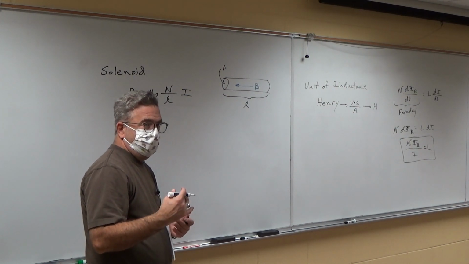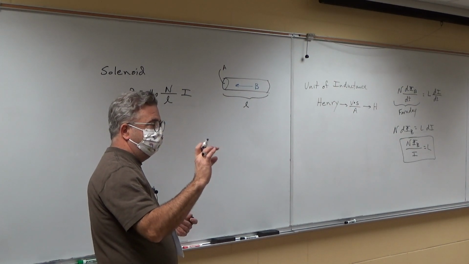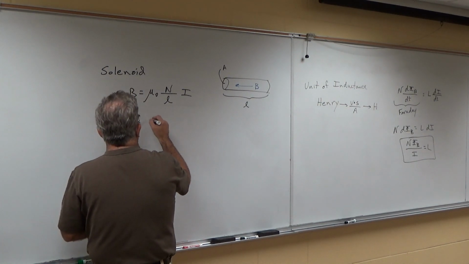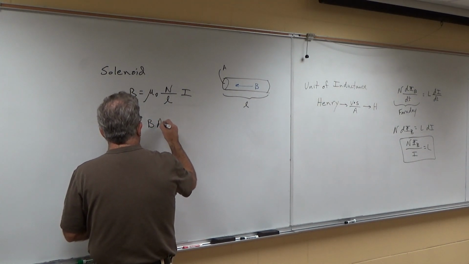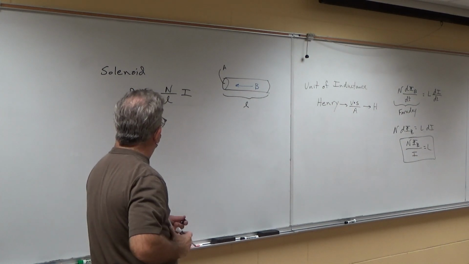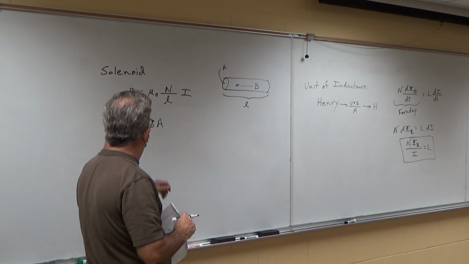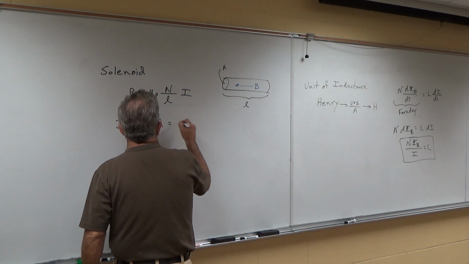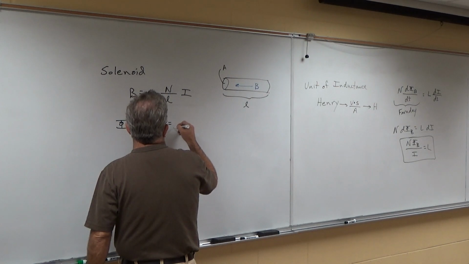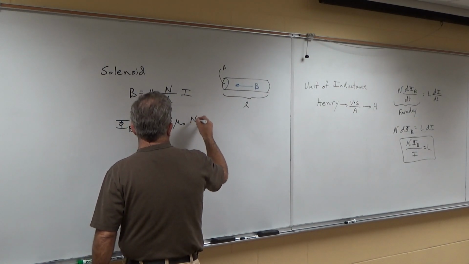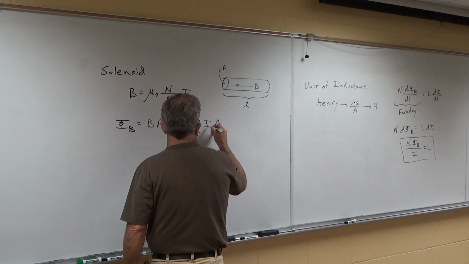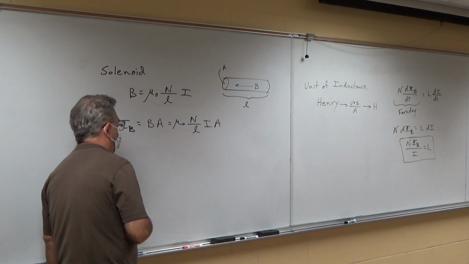Then the flux would just be BA. Magnetic flux is just like electric flux. It's that field strength times an area. Okay. So the flux would be BA. So I'll put that in here. So this is equal to, from what we did up here, mu naught N over L I A. Okay.